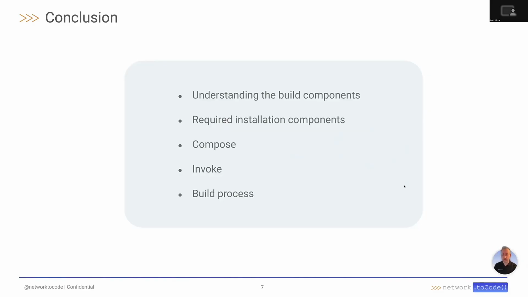And in conclusion, we have gone over our understanding of each of the build components required for deploying Nautobot. Those components are comprised of the Docker Compose files, the Poetry library, and the Python Invoke library.